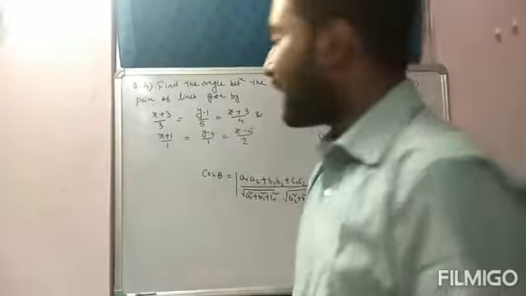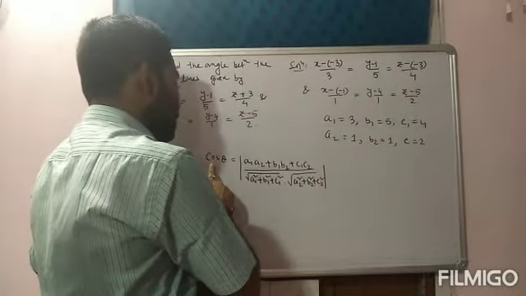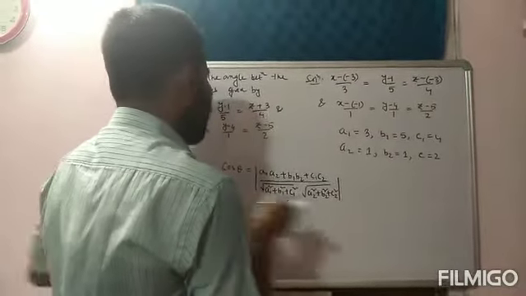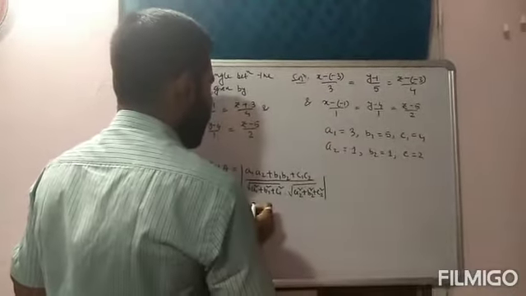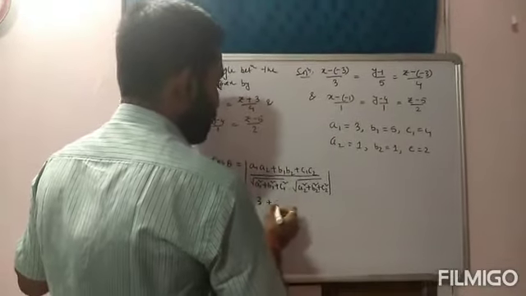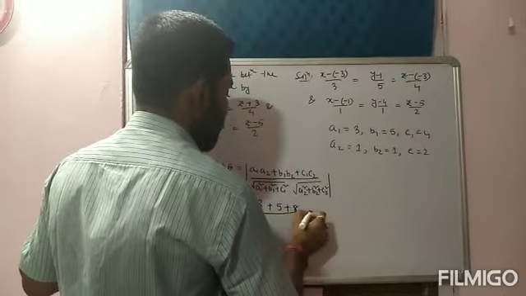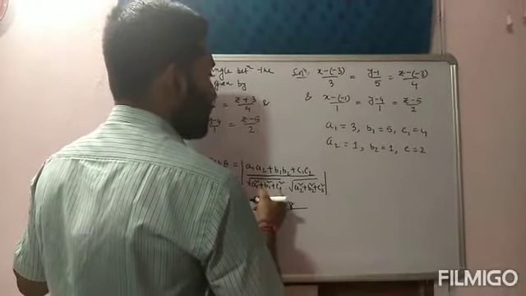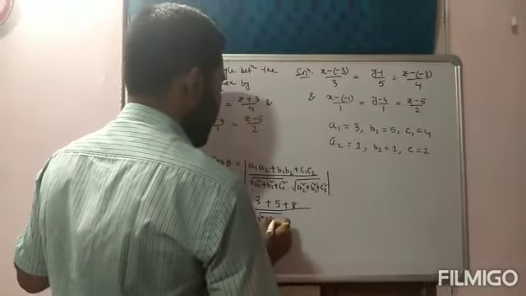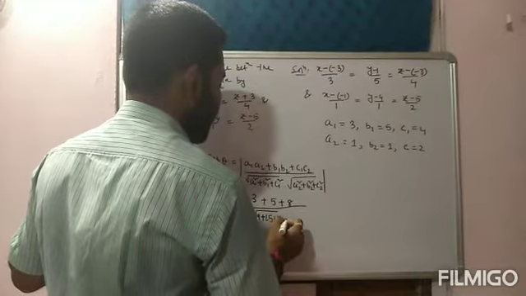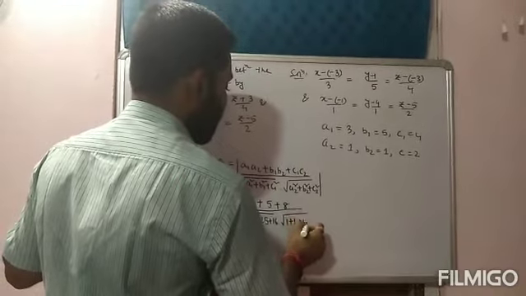So if theta is the angle between the two lines, then cos theta is equal to, formula is this one. Now put the values. That is modulus of a1 into a2, that is 3, plus b1 into b2 is 5, plus c1 into c2 is 8, divided by under root a1 square plus b1 square plus c1 square, that is under root 9 plus 25 plus 16, into under root 1 plus 1 plus 4.